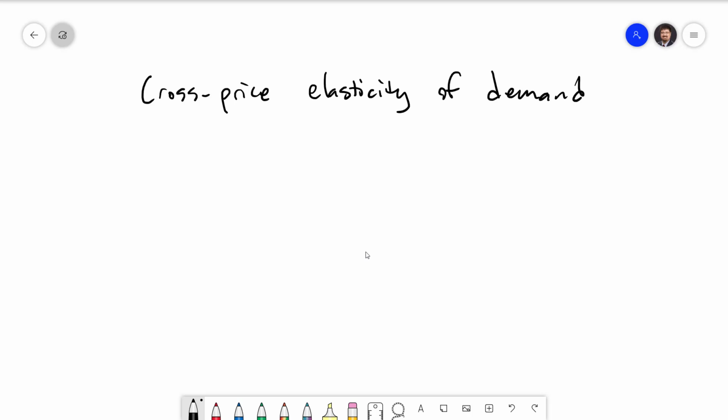The cross-price elasticity of demand measures the price sensitivity to changes in the price of a different good. We will use two generic goods, X and Y, and again, these could be anything.